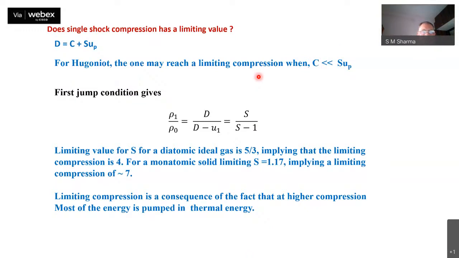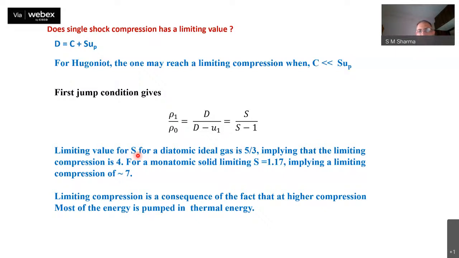Then using the jump condition, one can write down rho 1 by rho naught. I think this was the second jump condition, first jump condition. Rho 1 by rho naught equal to D minus u1. Now that can be put in terms of the S parameter, just S divided by S minus 1.